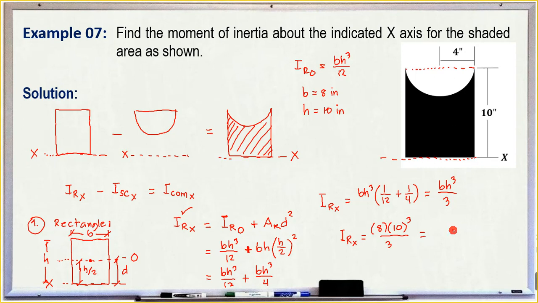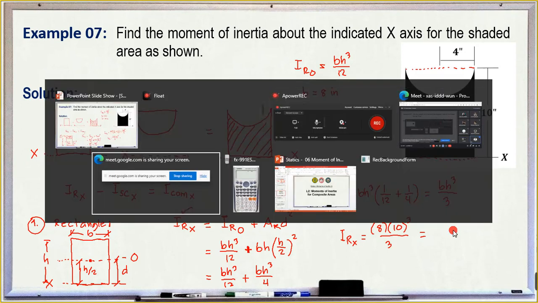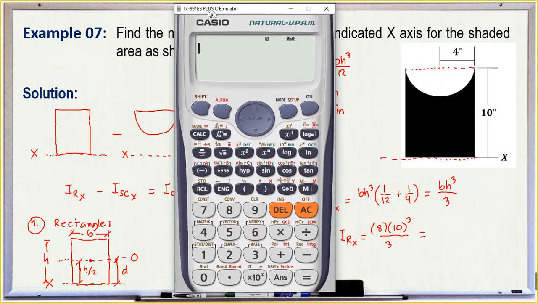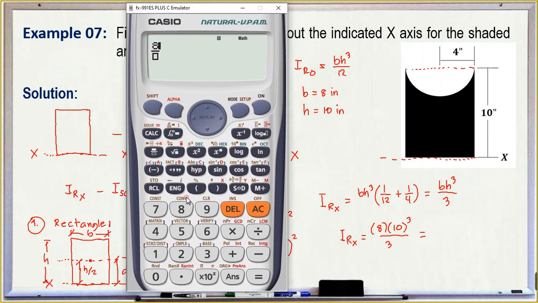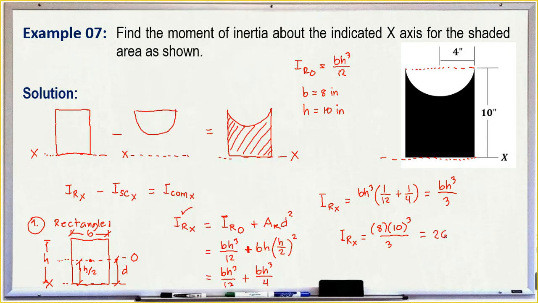So the answer, we're going to use our calculator: 8 times 10 shift divided by 3. So the answer is 2666.6667. So ato lang round off, we have 2666.67 inches. Don't forget the fourth power, gida, basta moment of inertia.